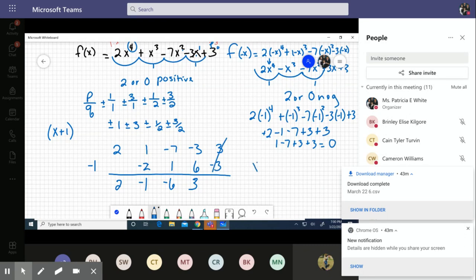So I have x plus 1, that's that negative 1, times 2x to the third minus 1x squared minus 6x plus 3. 4 terms.